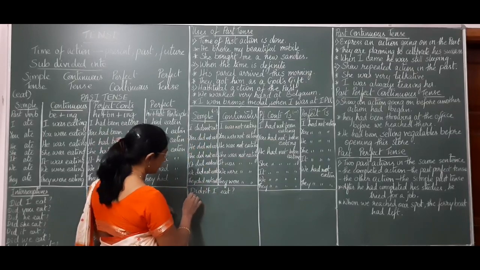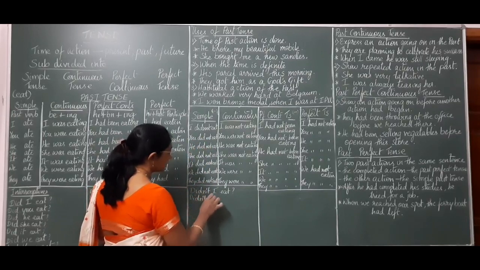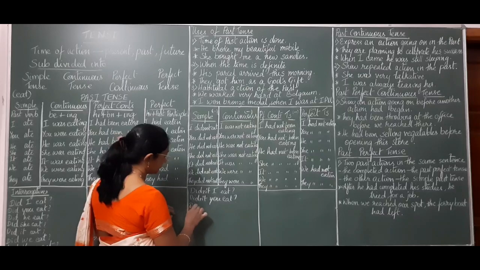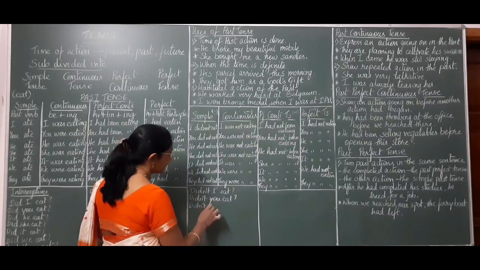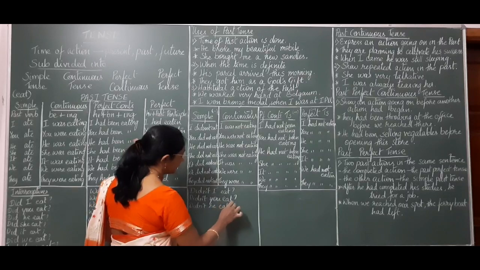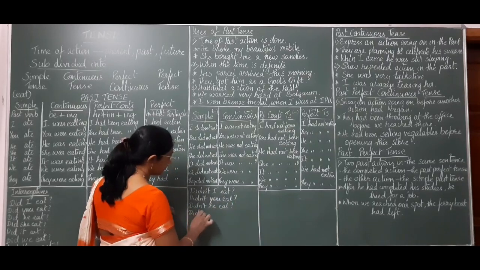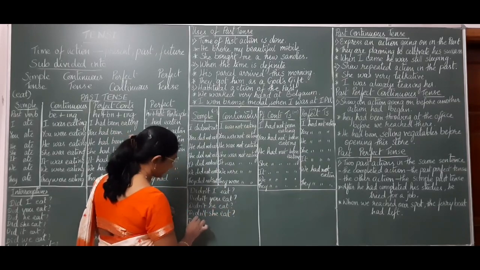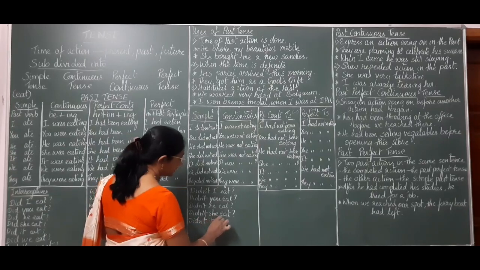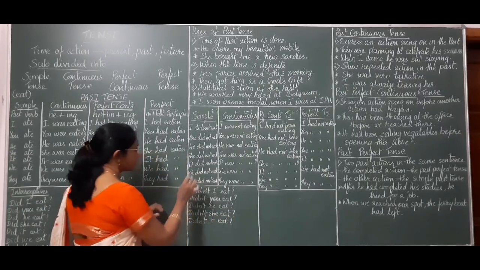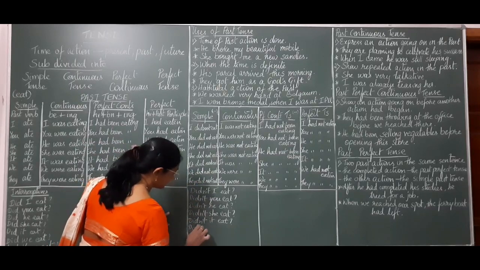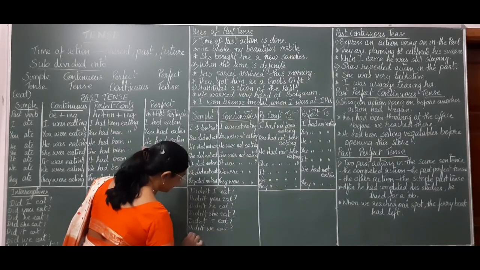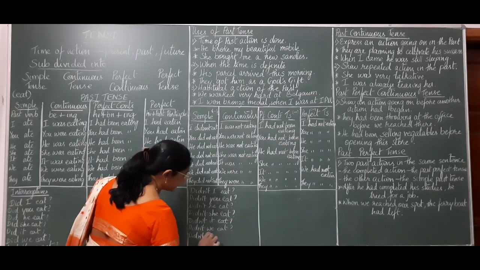For you, didn't you eat? Didn't he eat? Didn't she eat? Didn't it eat? For the first person in plural, didn't we eat? Third person in plural, didn't they eat?